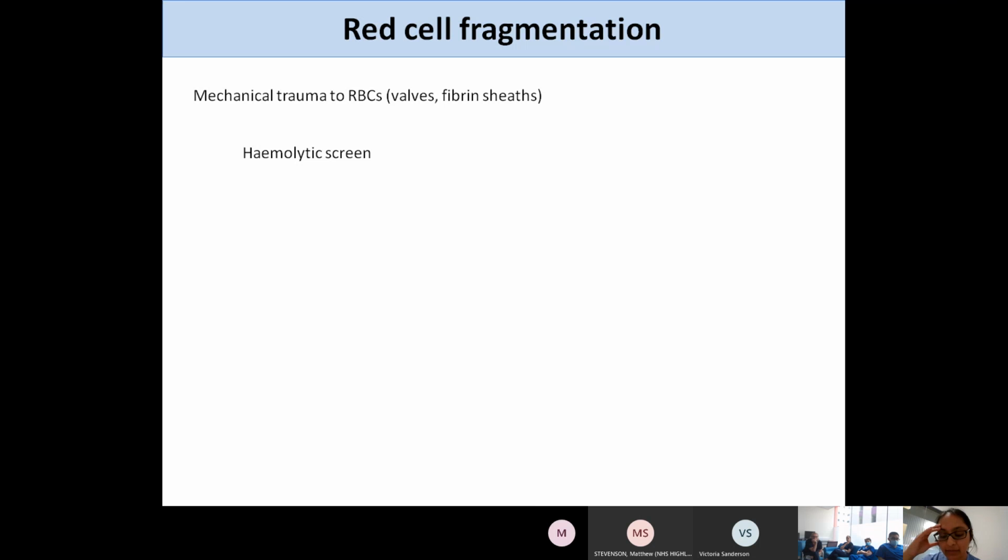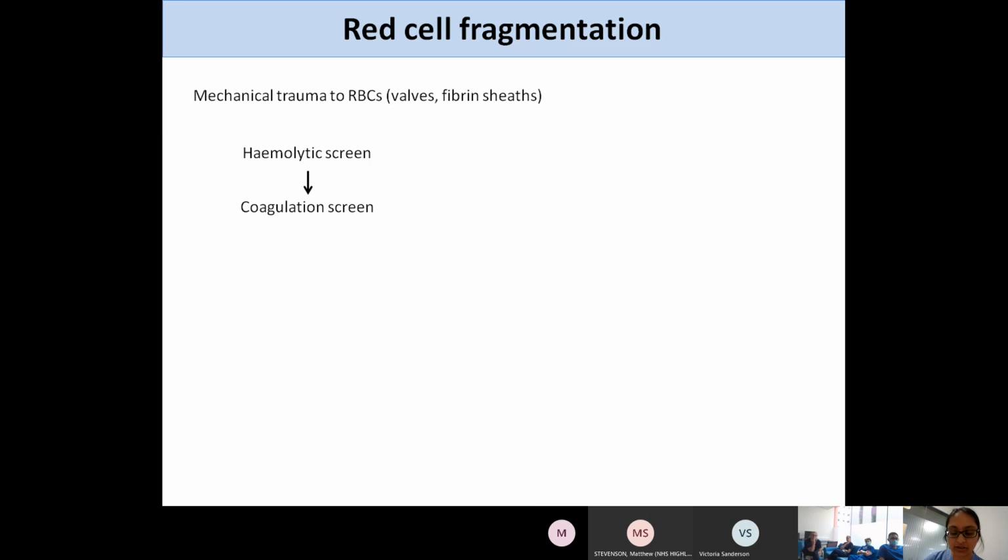So when I am thinking about red cell fragmentation, the tests that I think should be done are a hemolytic screen to confirm that there is red cell lysis. So if that's positive, you'd expect there to be a high LDH, low haptoglobin, a high bilirubin, high reticulocytes. Usually in a fragmenting condition, the DCT is normal because it's not usually immune mediated.